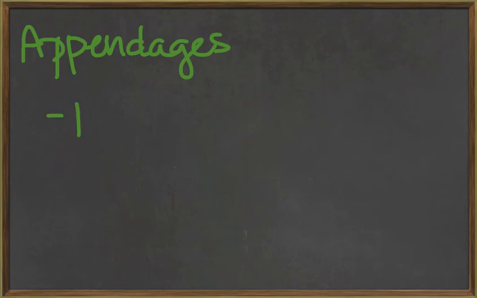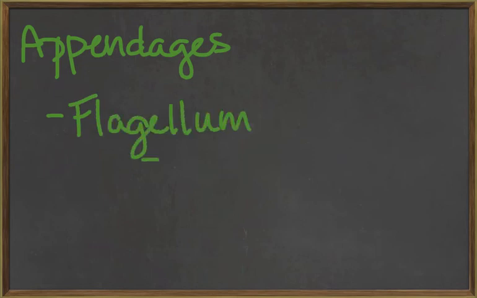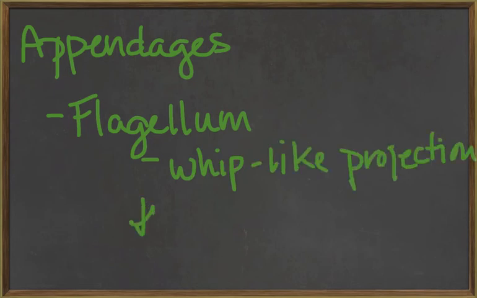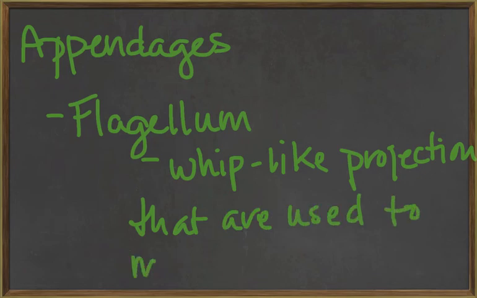One of the appendages you can have is called a flagellum. These are whip-like projections that are used to move a cell.